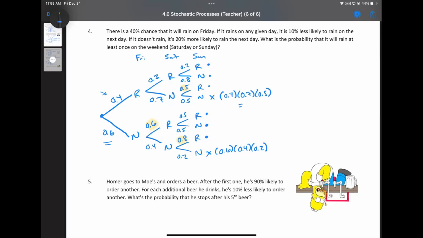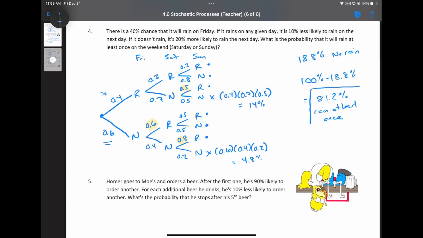So that's 14%. 0.6 times 0.4 times 0.2 is 4.8%. So if I add those together, 14 plus 4.8 is an 18.8% of no rain. So 100 minus that is 81.2% chance that it will rain at least once on Saturday and Sunday anyway.